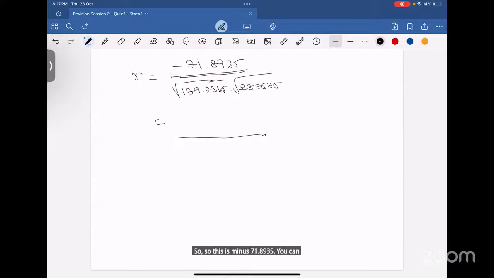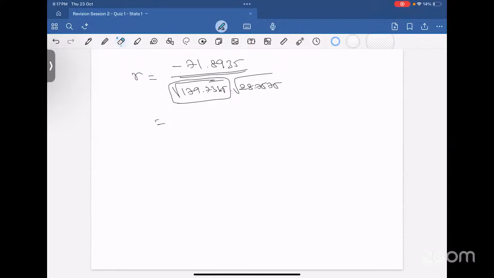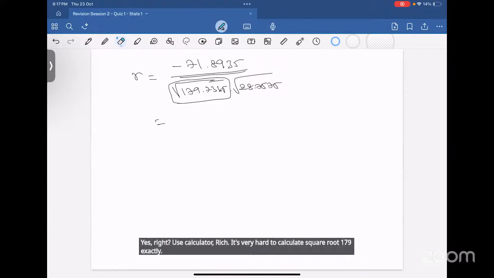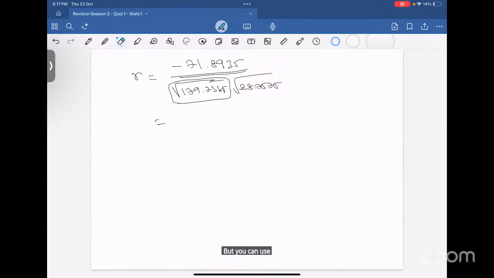You can compute the square root of 179.7335. Use the calculator and compute this value. Yes, sir, we are getting approximately minus 1. Then that is how they have given, right?